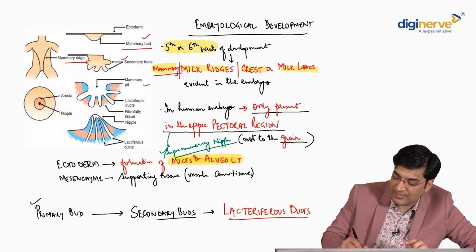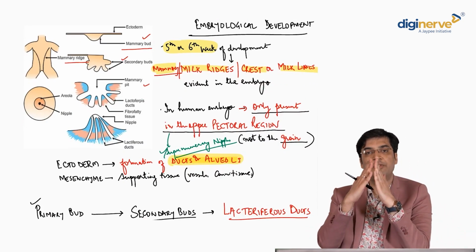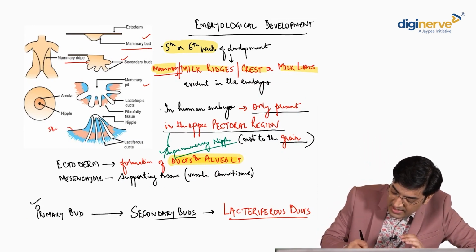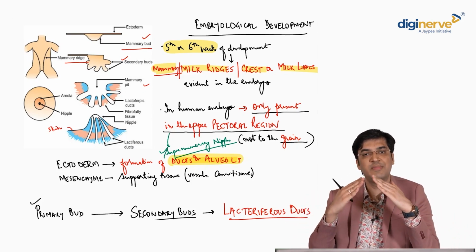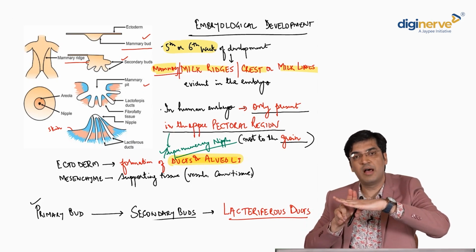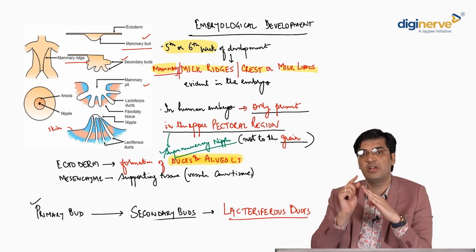The last diagram that you're seeing here is that these lactiferous ducts get elongated to reach above the level of the skin. This was your skin, okay? It went above the level of the skin because of the proliferation of the mesenchyme along with it. So, the level of the nipple rose above the skin, and therefore there was the eversion of the nipple.